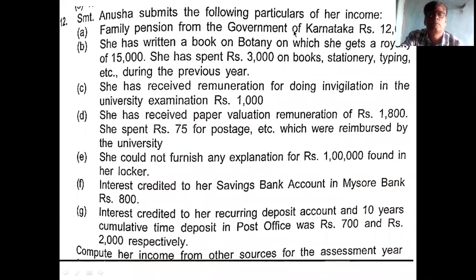Family pension from the government of Karnataka, 12,000. 12,000 is the family pension received. The family pension amount comes under other source. And what is the deduction regarding this?